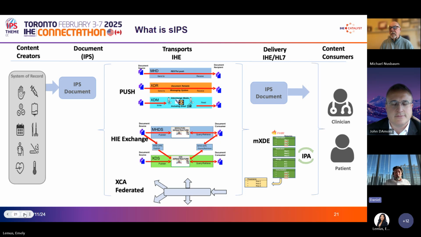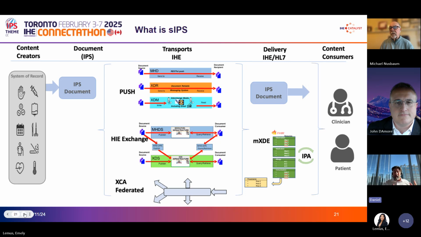MXD is a way to extract fine-grained elements of IPS resources. And we basically use a standard process to test the content, as long as your IPS is a basic ISO IPS document.